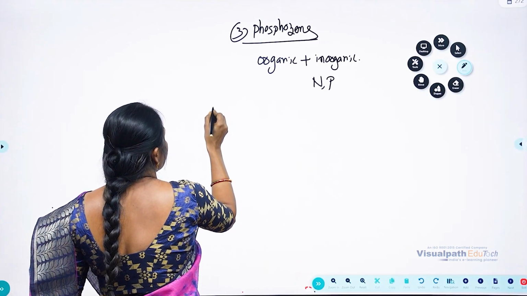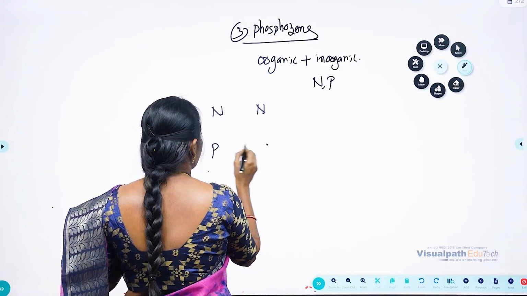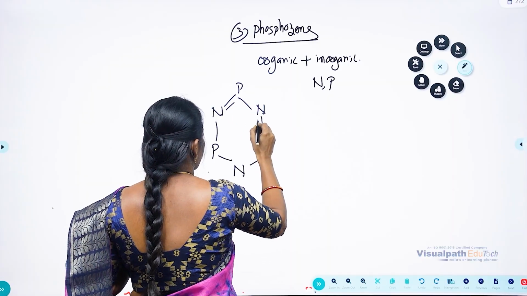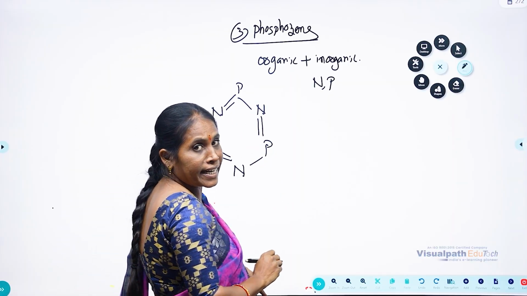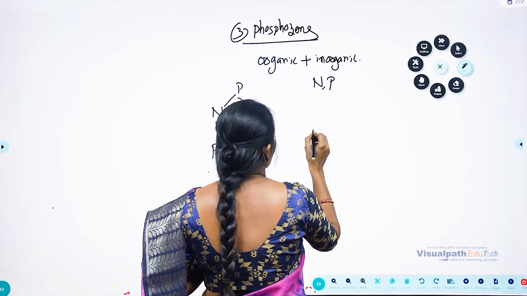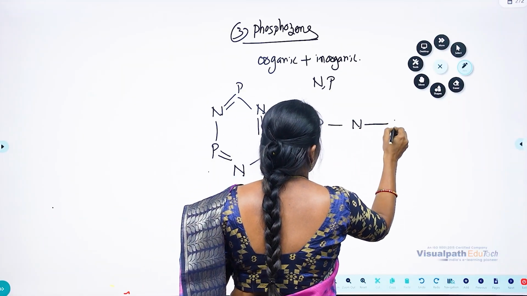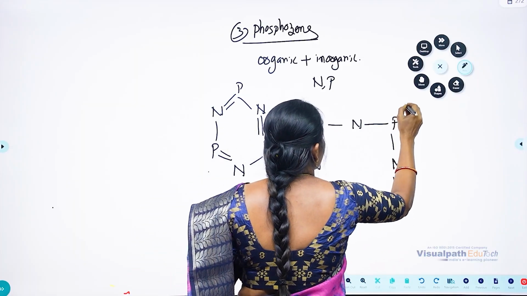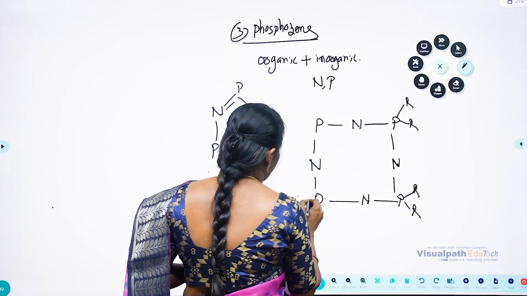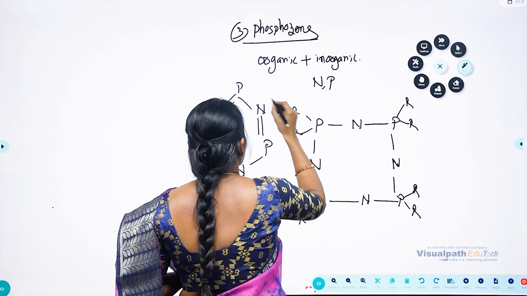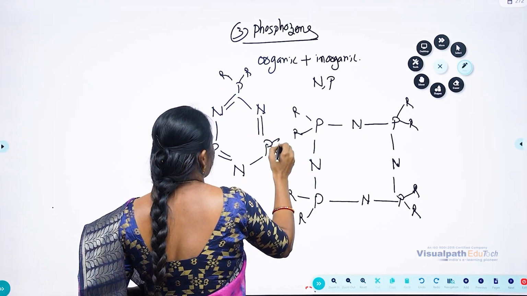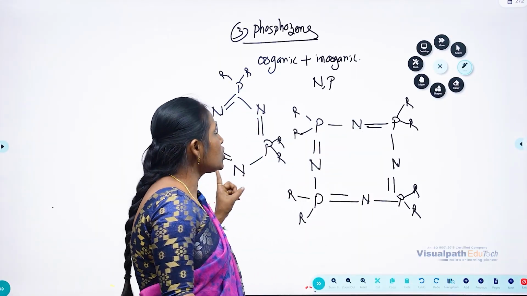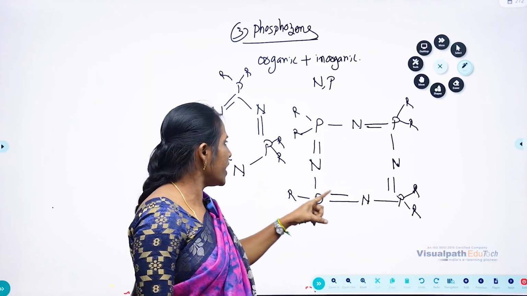If you see the cyclic form, it is the cyclic form. And next we see the acyclic form also. Okay, these two are known as phosphazenes.